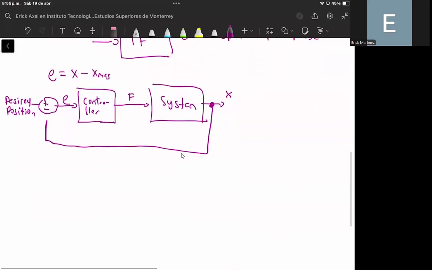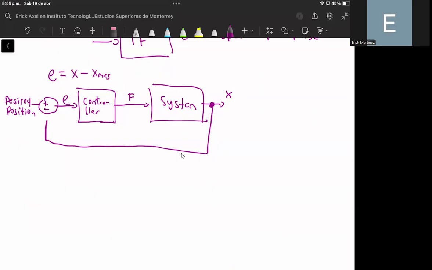But the important factor here is that we are adding this controller that will help us to set the adequate force that we need to apply to the system based on the error that we are computing, based on the difference between the position that I want and the position that I am measuring, okay?